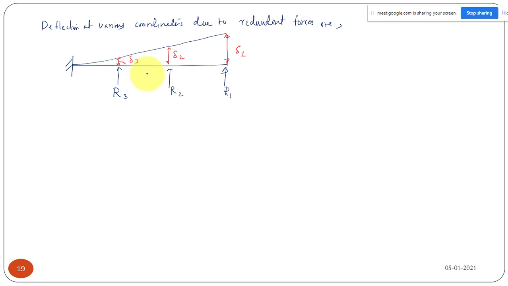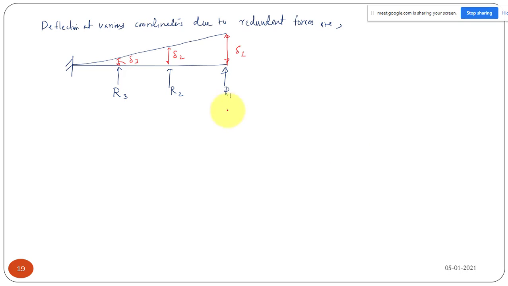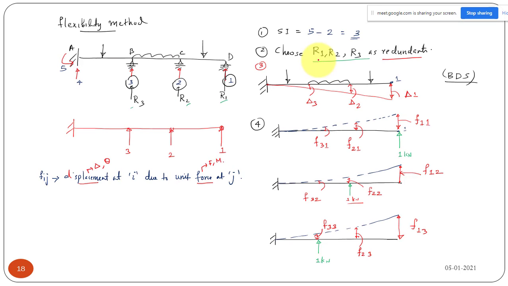Now can you tell me delta 1, delta 2, delta 3 in terms of R1, R2, R3 and the coefficients F11, F21? What will delta 1 be equal to? You can easily get that.